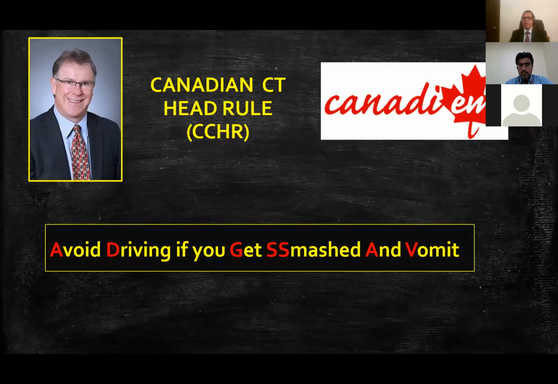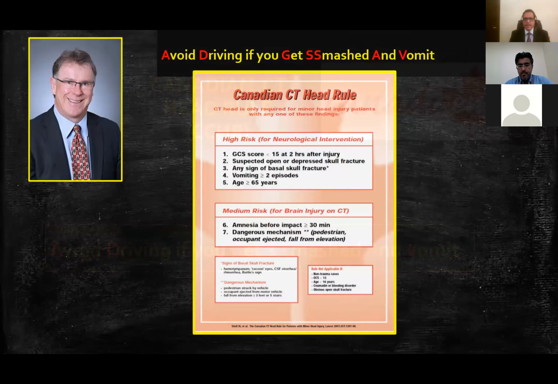And please remember this statement: avoid driving if you get SS matched and vomit, and that will simplify the criteria for the Canadian CT Head Rule. The A and D define the medium risk, while the GCS, S, and V define the high risk for the rule. So amnesia and dangerous mechanism for the medium risk, while the other criteria, GCS, S, and V, are for the high risk patients.